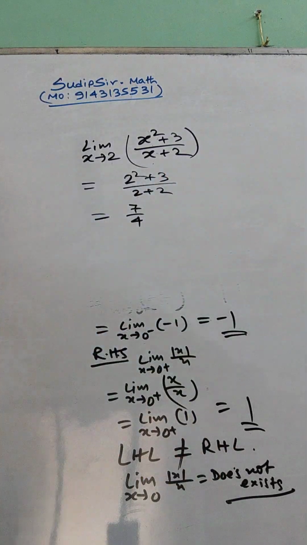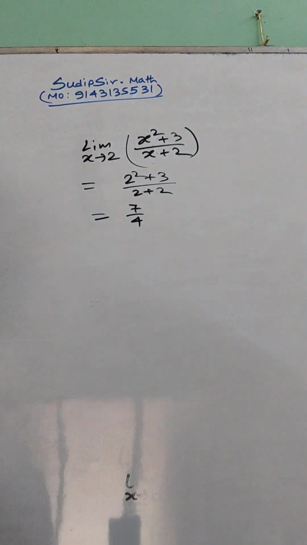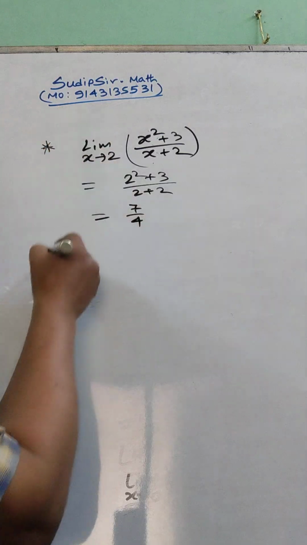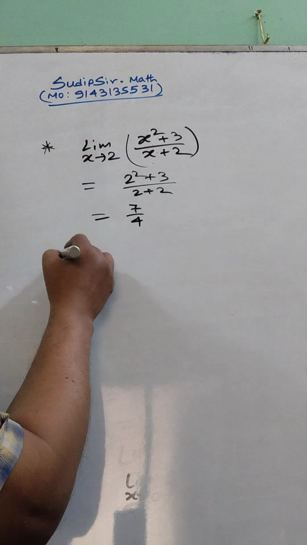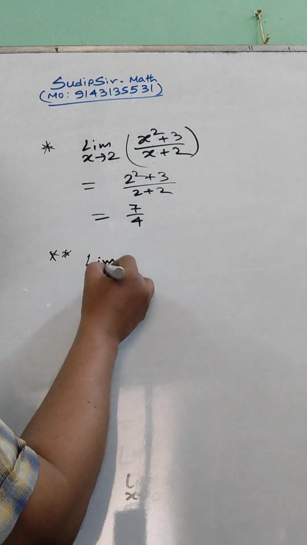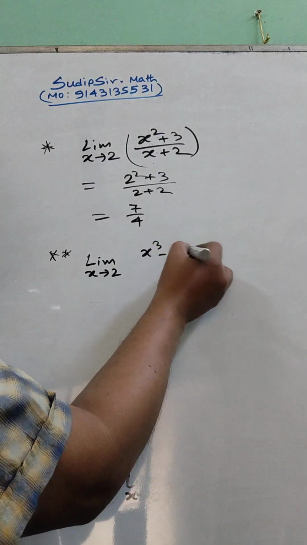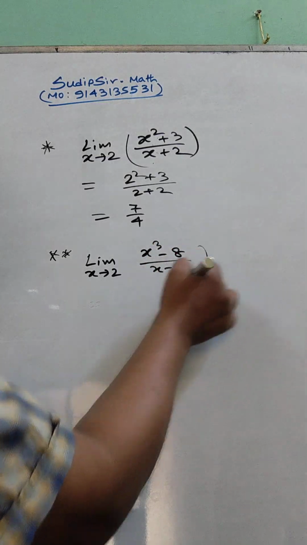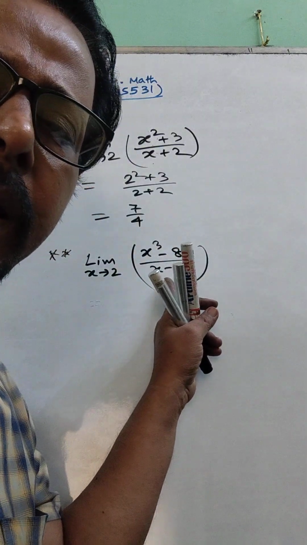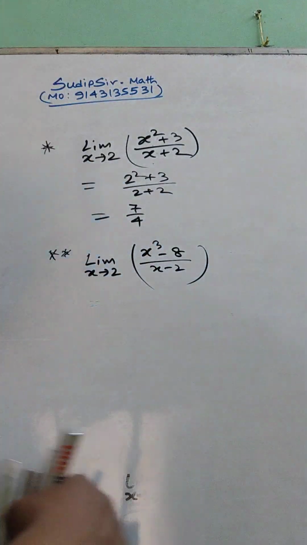But if it is like another example, say limit x tends to 2 of (x cube minus 8) by (x minus 2). If you put 2 here, it will be 0 by 0 form and that will be undefined.